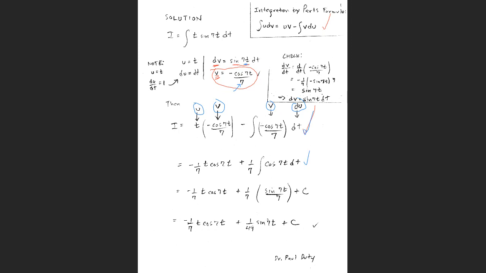Let's look at this, the integral of cosine of 7t dt. I just say it equals sine of 7t over 7. Let me just go to the whiteboard real quick.